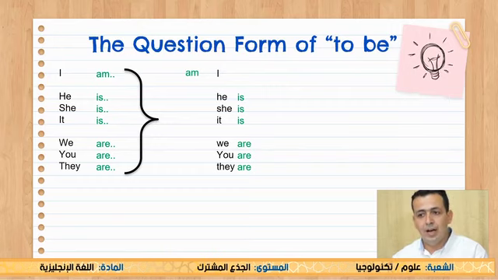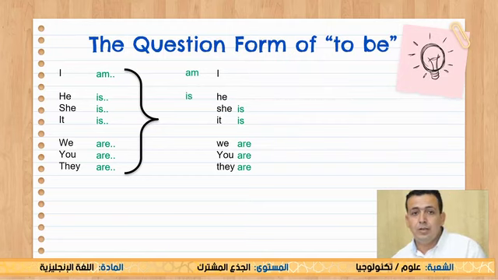So for I am, if we reverse it, it becomes am I, and then you finish the question. He is. So if you want to reverse it, it becomes is he, and then you add the missing information to make your question, either name or job or something else.